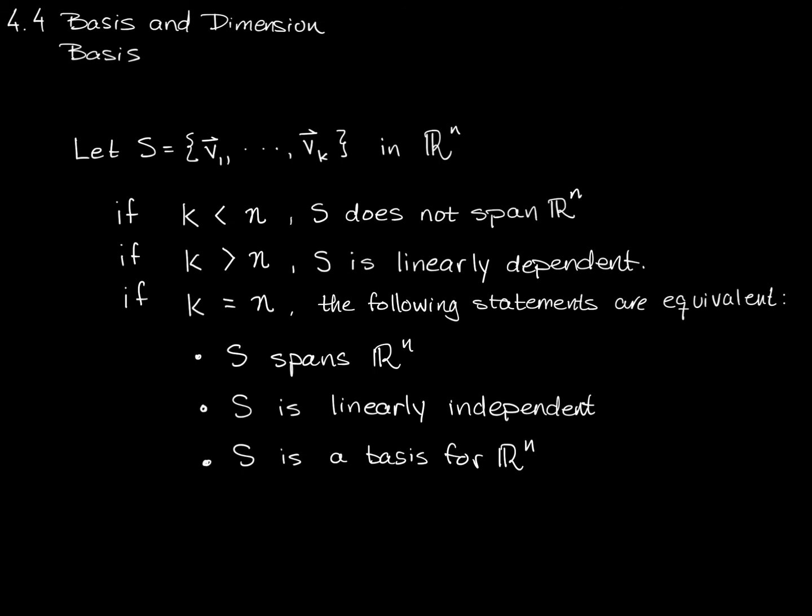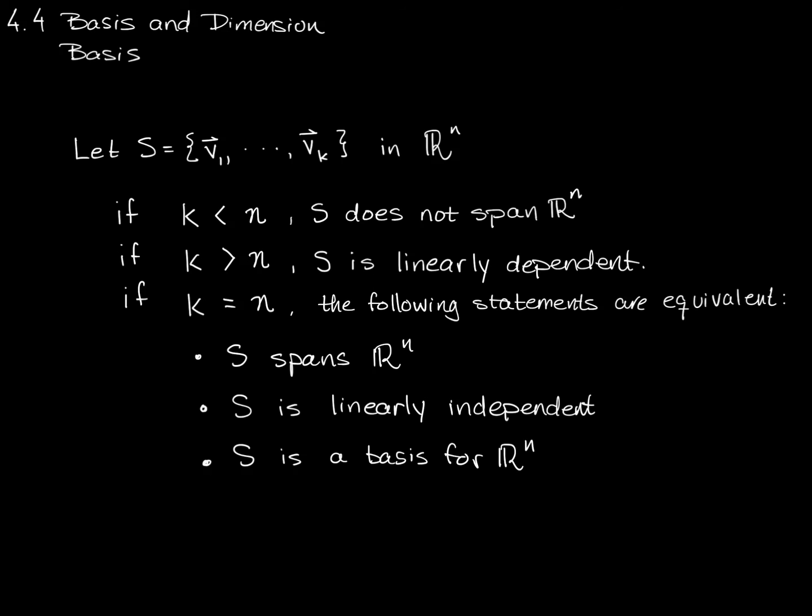And what's so powerful about this is that when we say that the following statements are equivalent, what we're saying is that if I know one of these, I automatically know the others. So if I know S is linearly independent, that all 3 vectors in the set are linearly independent of one another, then I also know that the same collection of vectors spans Rn, and that S is a basis for Rn.